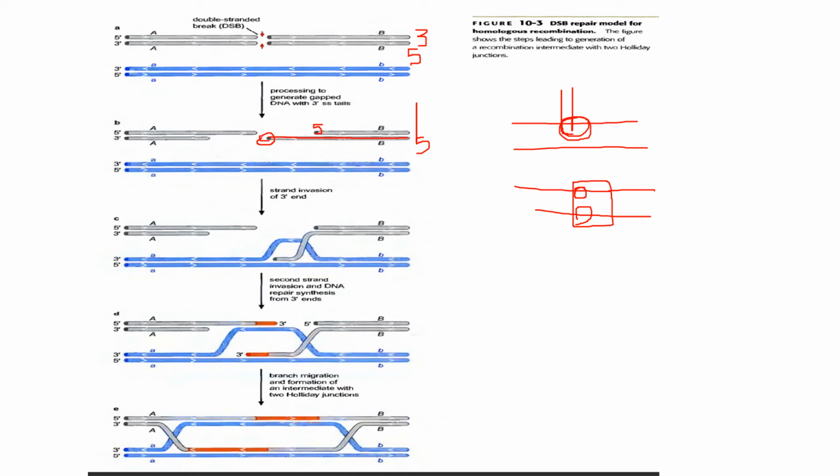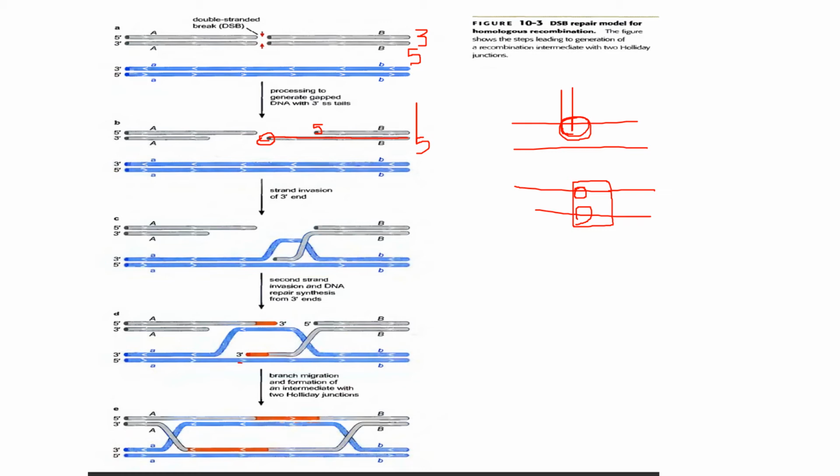The synthesis takes place by means of DNA polymerase. As you know, the condition for DNA polymerase is that it requires a 3 prime hydroxyl group. So do you find the 3 prime hydroxyl group? Of course the 3 prime hydroxyl group is free over here, and by using that as a primer, the DNA polymerase will add deoxyribonucleotides one by one, and for that it utilizes this strand as a template.